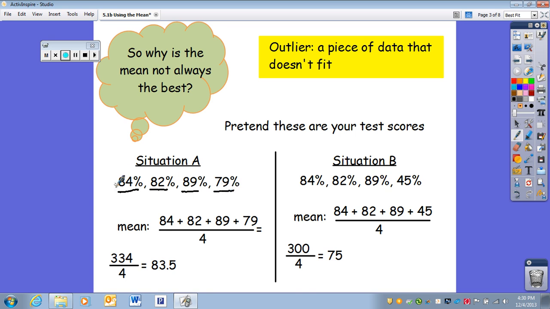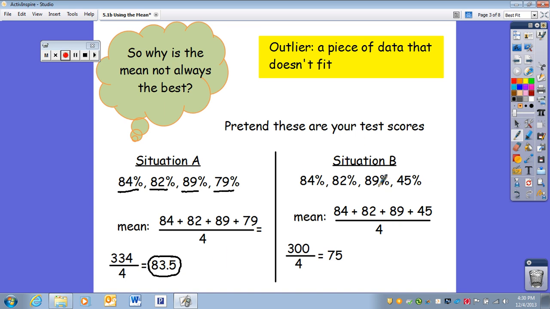So basically, you scored B's on 3 of your tests, and just below a B, a high C on your other test. So when we add those scores together, divide by 4, we have 334 over 4, and that gives us a mean, or an average, of 83.5%, which is a B, and that seems fair.